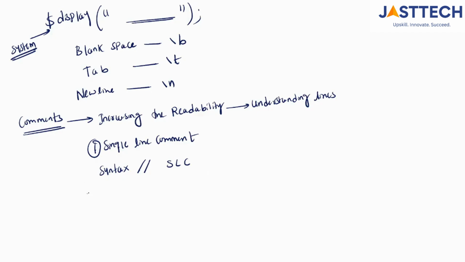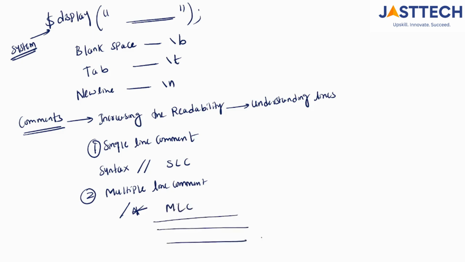And multiple line comment. Multiple line comment means here you have slash star and multiple lines, and this will end with the star slash.